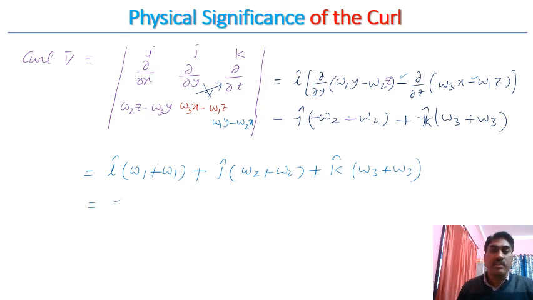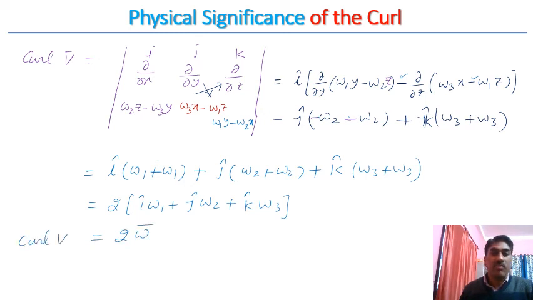So we can write it as 2 times i omega 1 plus j omega 2 plus k omega 3, and you know this is just omega, so we got 2 omega. So curl of V is equal to 2 omega, and that simply means omega can be written as half of curl V.